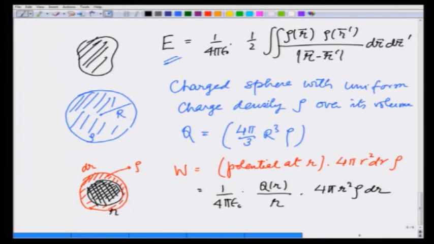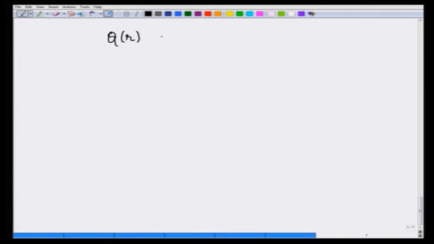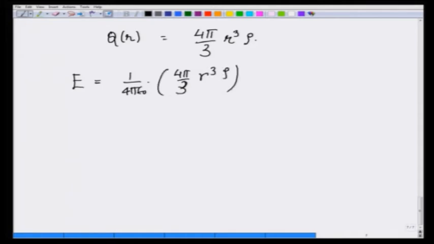Charge inside the sphere of radius r is 4 pi by 3 r cubed times rho, and therefore, the energy of this distribution is going to be 1 over 4 pi epsilon 0 times 4 pi by 3 r cubed rho divided by r times 4 pi r square rho dr.